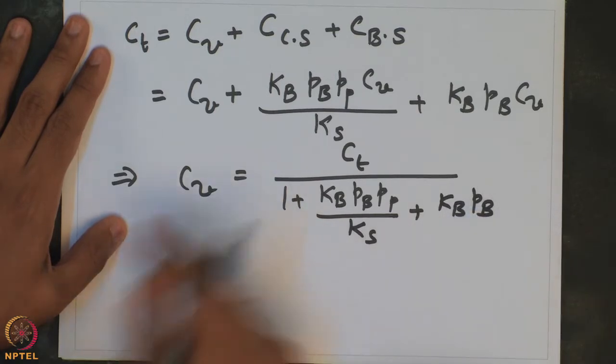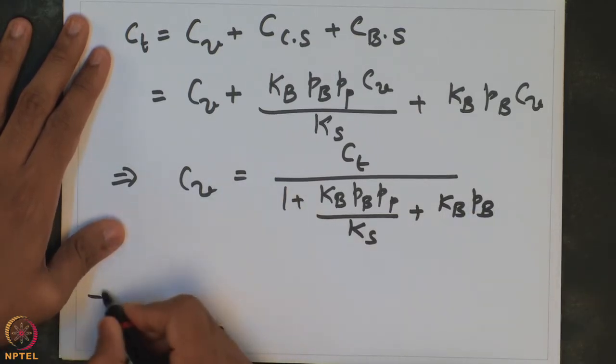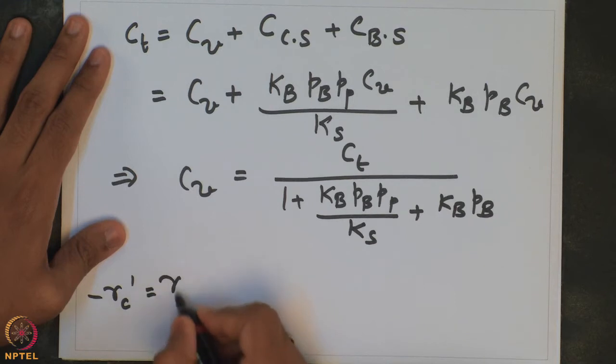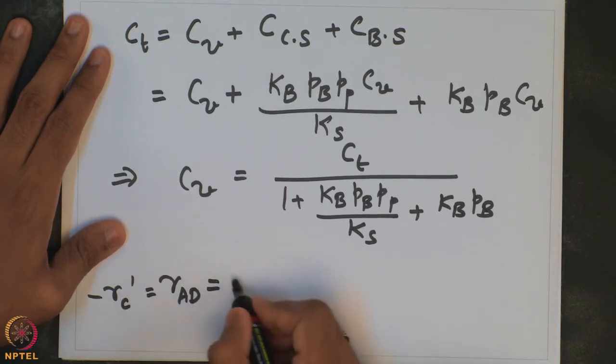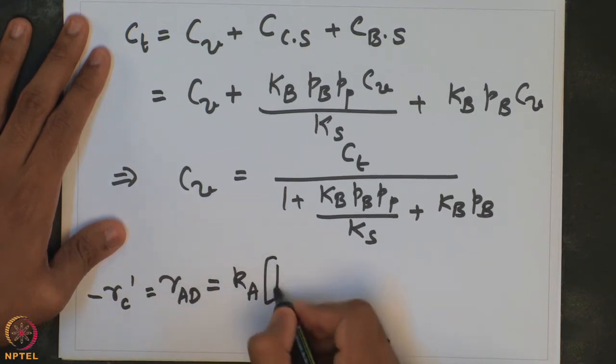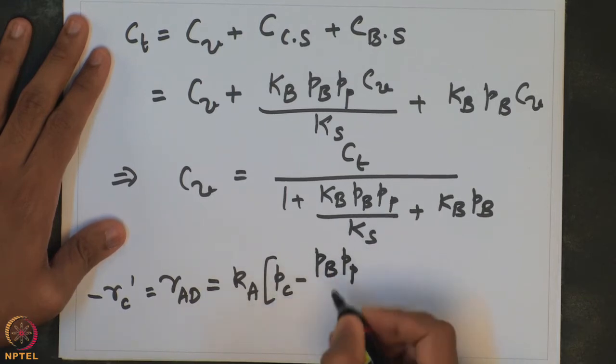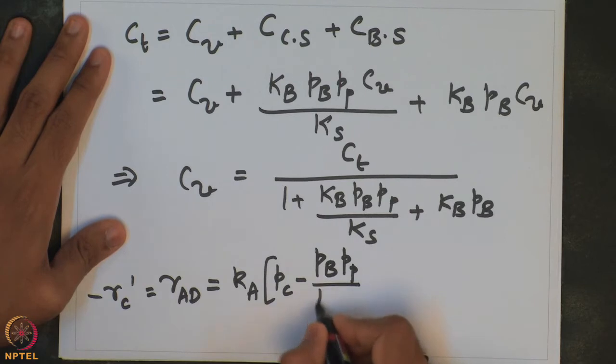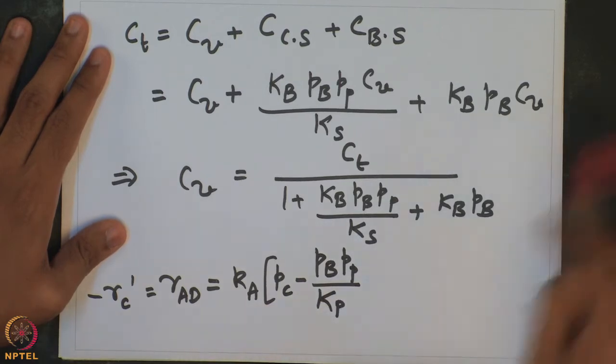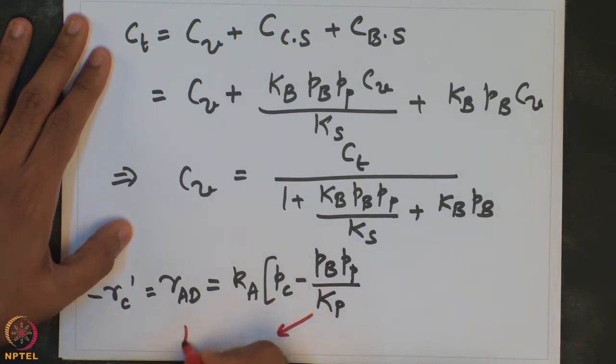So if we substitute Cv into the rate, we will see that minus Rc prime is equal to Ka Pc minus Pb into the partial pressure of propylene divided by Kp. So we can define Kp as the equilibrium constant with respect to pressure.